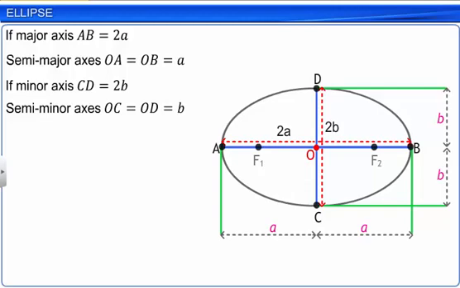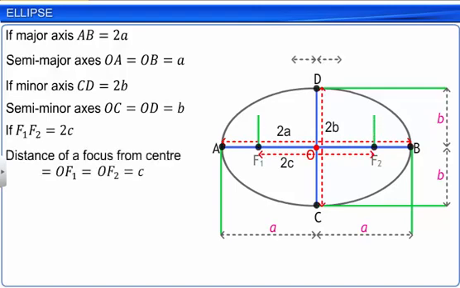Also, if the distance between the two foci of an ellipse is 2c, the distance of either focus from the center of the ellipse is c. Let us now derive a relationship between length a of the semi-major axis, length b of the semi-minor axis, and distance c of a focus of an ellipse from its center.